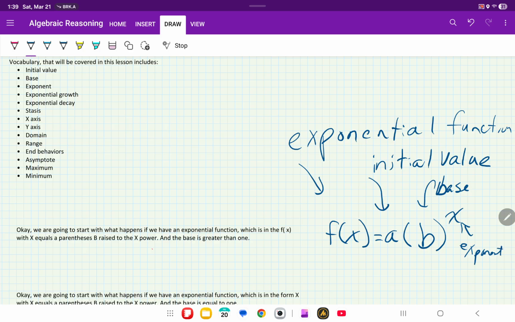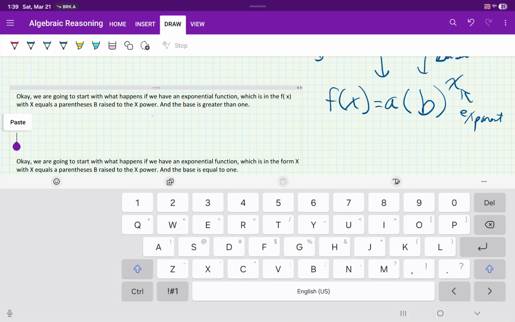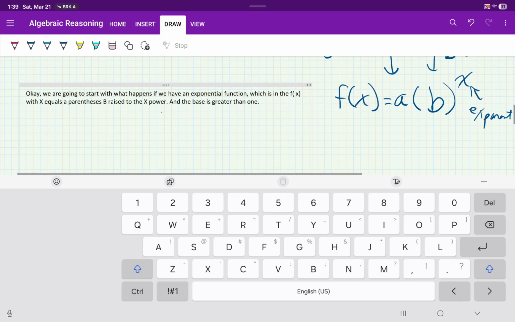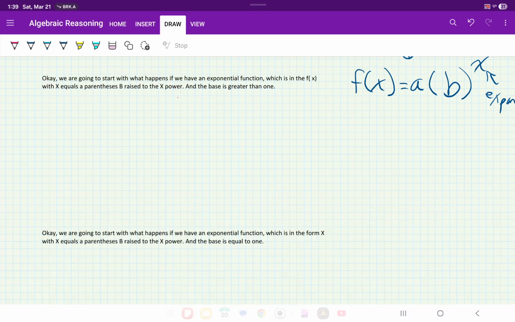All right. The rest of those, we need to actually do some equations and graphing before we can do anything like that. So we're going to start out with a table here. We're going to start with our function f of x equals b raised to the x power, and I'm going to write down a table of values.